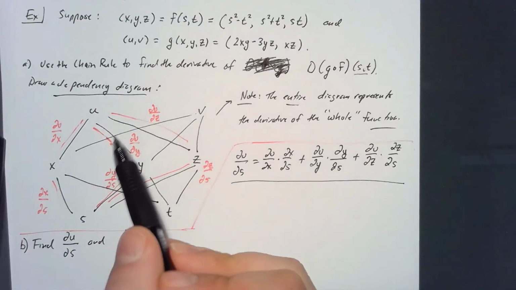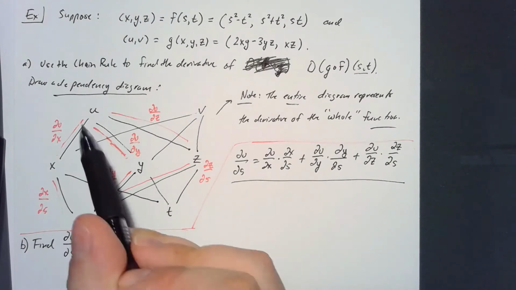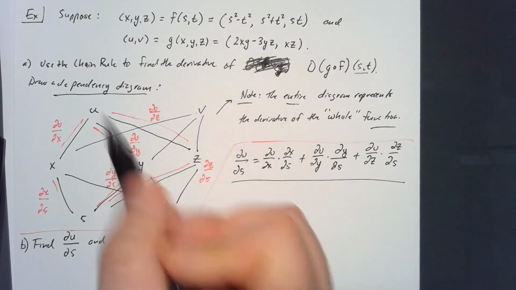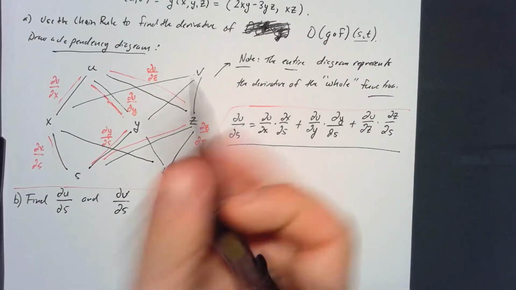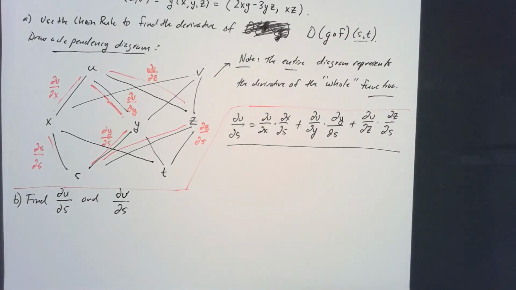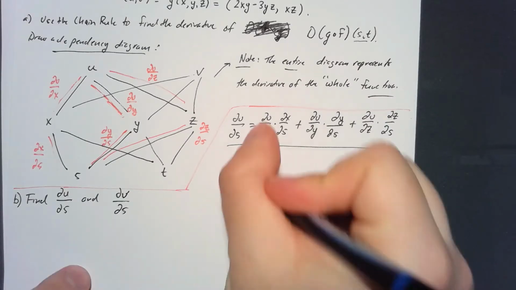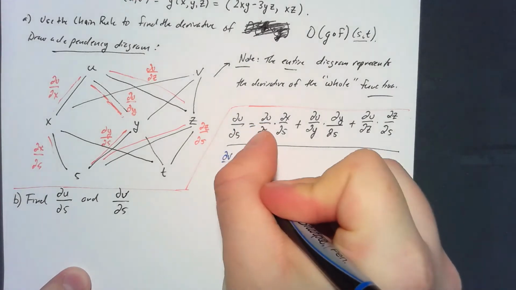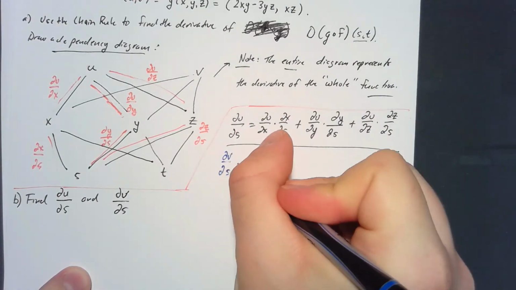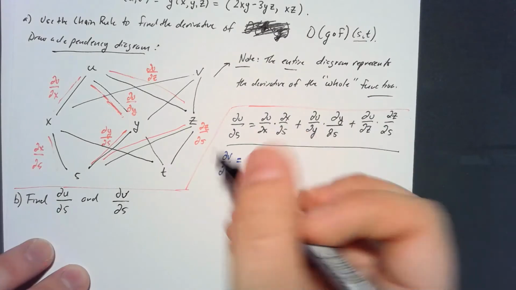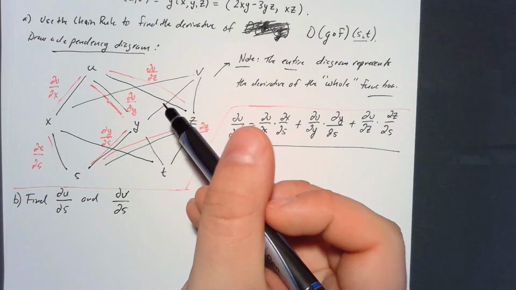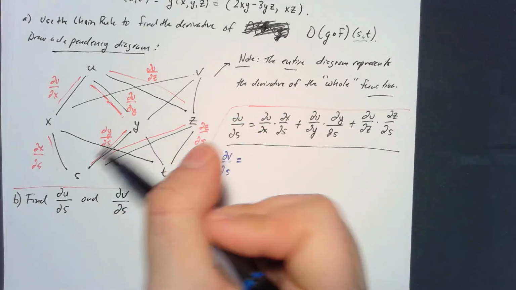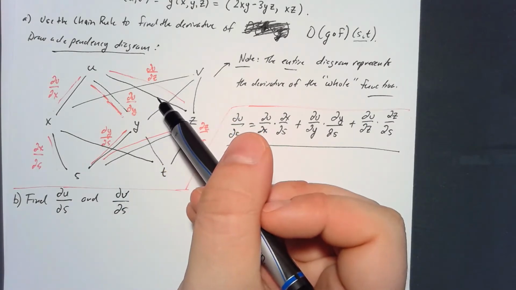Now that's just one particular branch. That's the branch from u to s. I asked you to find dv/ds as well. So if you do that with a similar argument, if I want to find dv/ds, so v to s, you just go from v to s in all possible branches.